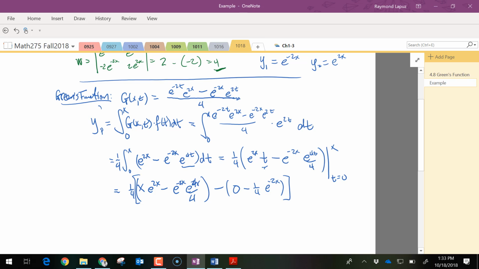So now after I evaluated this definite integral, I don't have any more of my dummy variable. The dummy variable is gone. Okay.